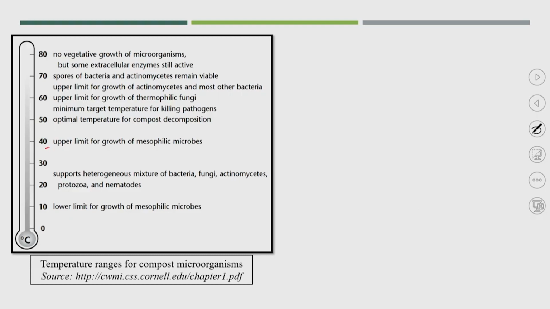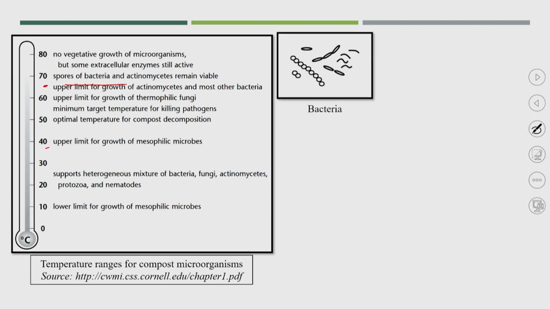At 70 degrees, spores of bacteria and actinomycetes remain viable, which is the upper limit of growth of actinomycetes and other bacteria. At 80 degrees there is no growth of microorganisms, but some extracellular enzymes are still active, which we require at this high temperature.